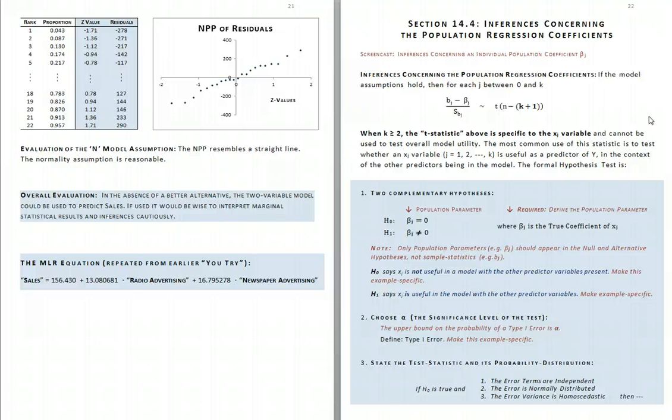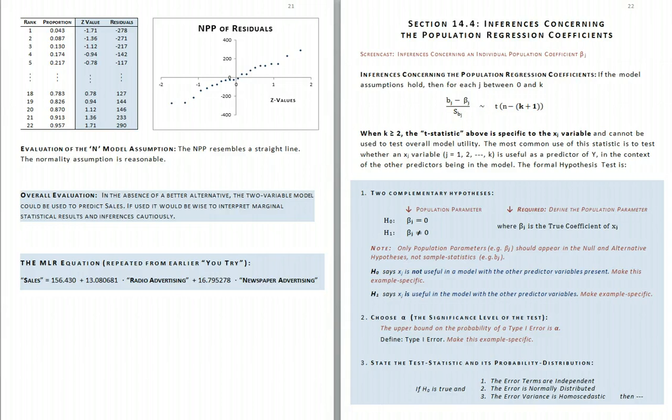Although we typically discuss these results in the context of beta 1, beta 2 through beta k, that is, in the context of an actual coefficient of an independent variable xj, the results also apply to the intercept beta 0 of the multiple linear regression model, but application to the intercept occurs less often.